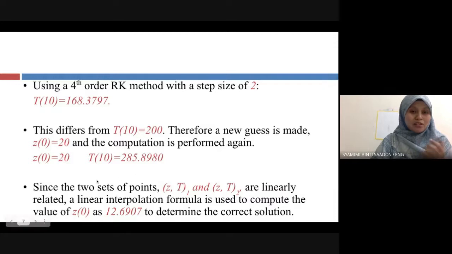So we assume that if Z0 equals 12.69, then we are going to get T10 equals 200. After doing the interpolation, we achieve Z0 at 12.69. What does it mean? It means that if Z0 equals 12.69, T10 approaches 200, which is the correct solution.